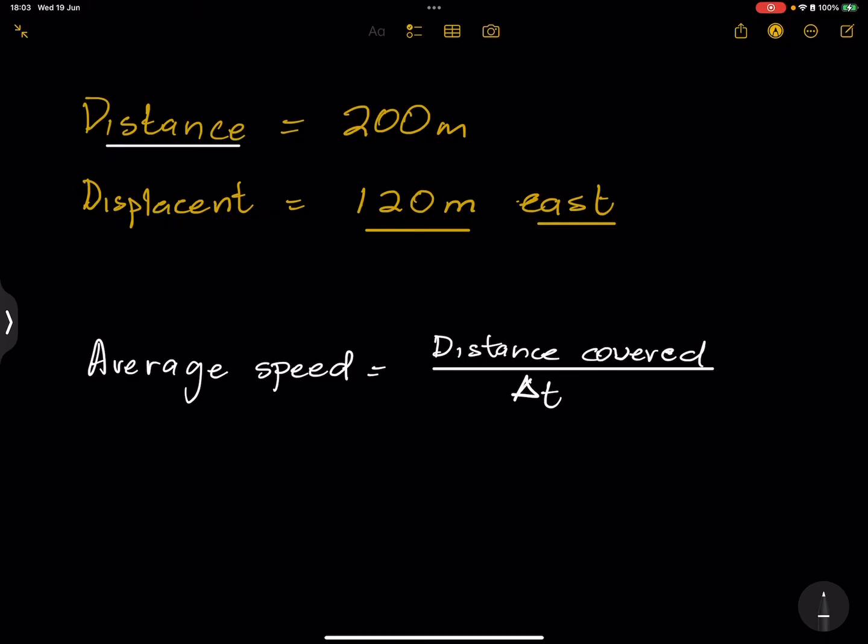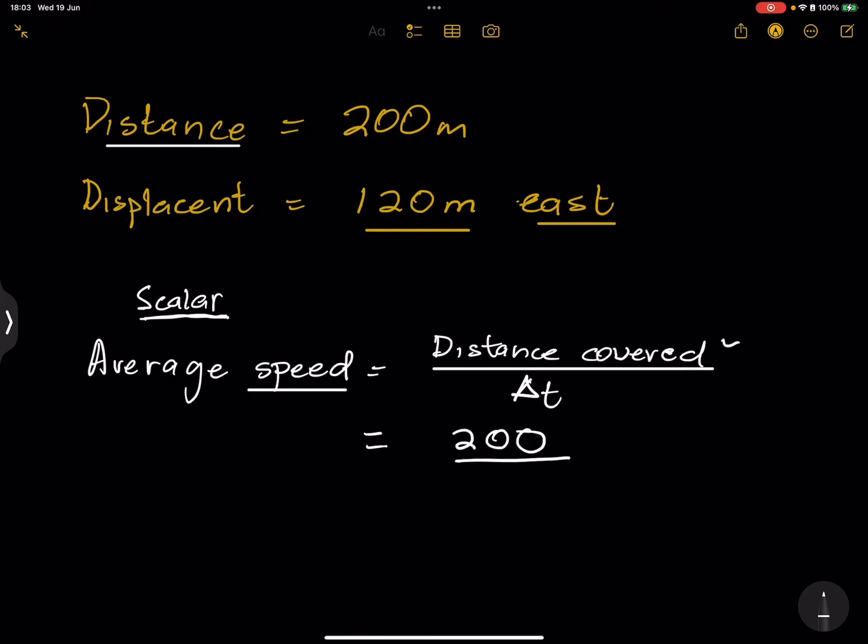So if I note this, right, I'm going to say, well, he traveled a distance. Note speed is a scalar quantity. And that's why when I calculate speed, I use distance covered, which is also a scalar quantity.